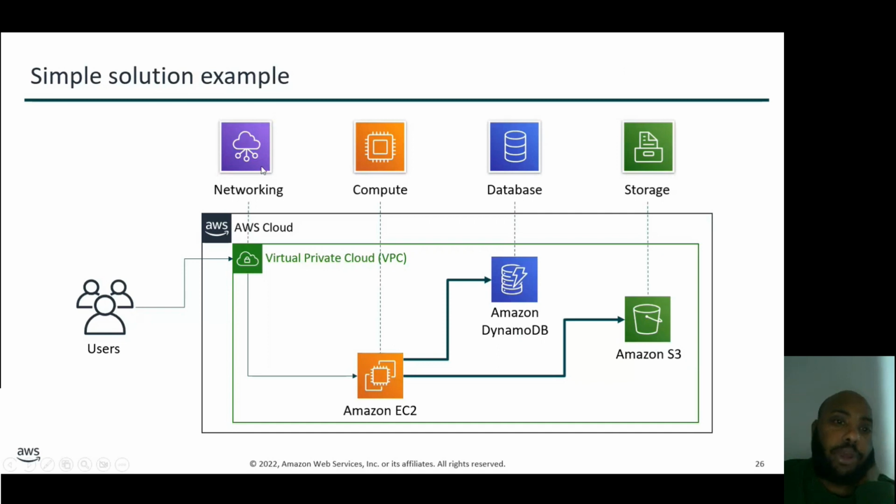So under the networking category, I could have our VPC, and then under our compute category, I can have my EC2 running, and then I could have my DynamoDB as a database, and I could have the storage, S3, as a storage instead of a hard drive or something. And I could connect all of this together and create a simple traditional sense by using 4 different categories. And that's how they all come together.